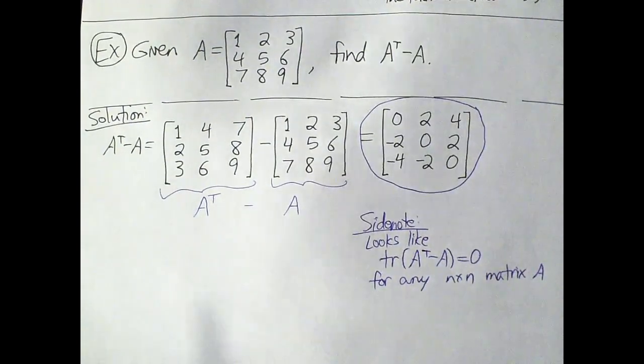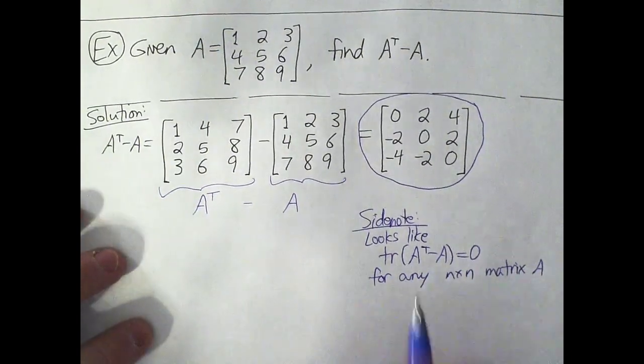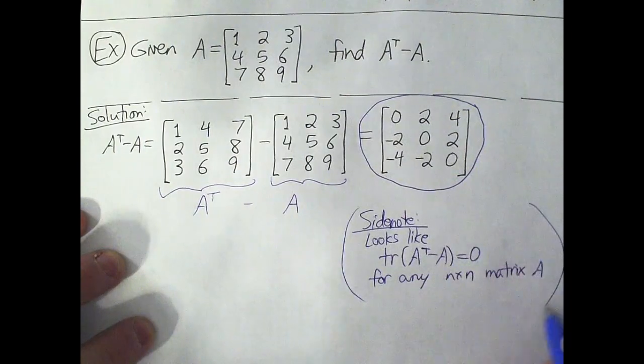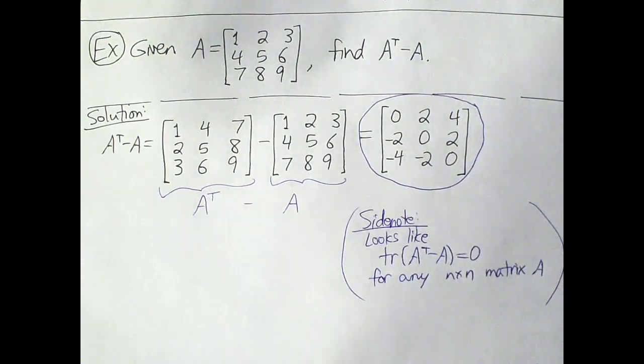That's kind of an interesting little property, because that involves both trace and transpose in the same sentence. I don't know if you're like me or not, I find that interesting. But all right, so we're going to wrap up here.